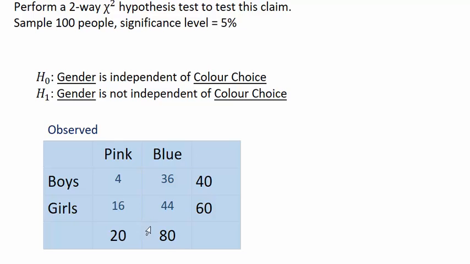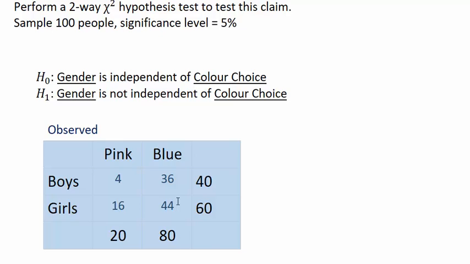And notice that blue is more popular, regardless of gender. 80 out of the 100 people prefer blue. So the question is, is this enough data to back up Olivier's claim? Does this tell us that boys prefer blue more than girls do?